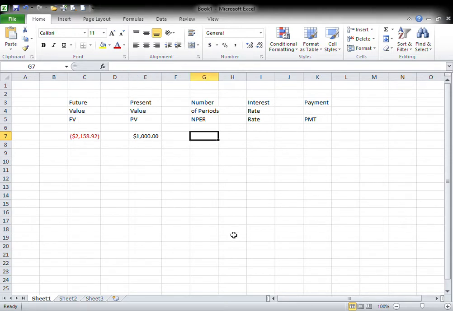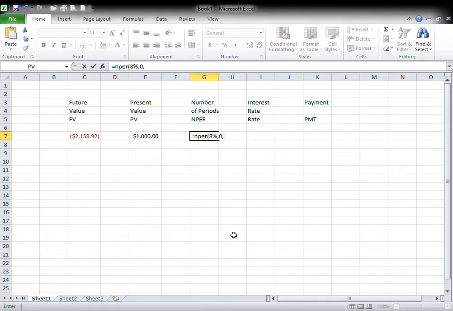We can calculate for the number of periods. Same thing. We put in the equal sign, NPER, open the parentheses, and we come up with the rate. So if the rate is 8%, the payment is 0.